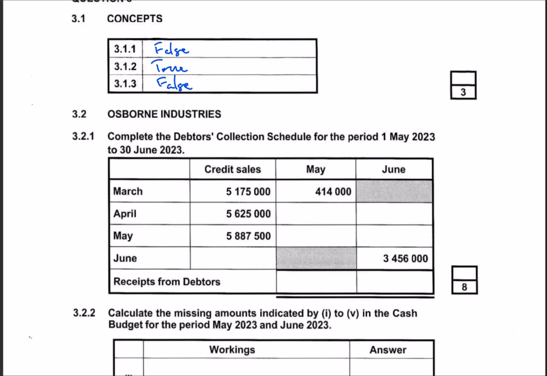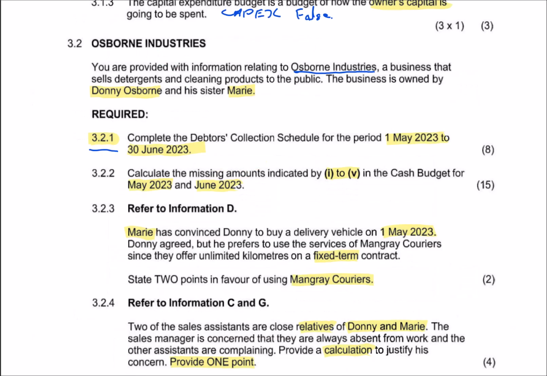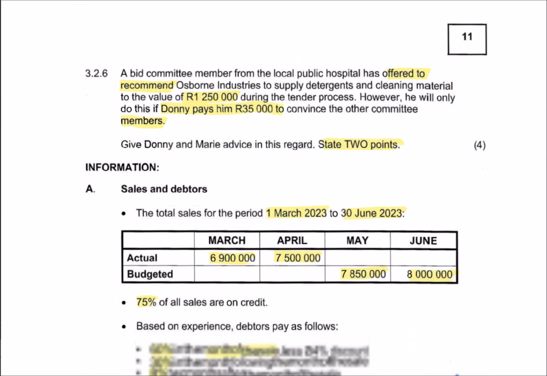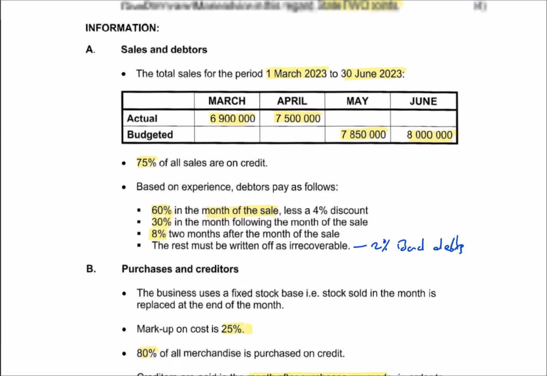Remember, what you need to focus on here is you're given credit sales, so you don't have to calculate. Some questions you need to calculate credit sales on your own, then from there deduce the different amounts that are going to be received in different months. This is according to information B, I think information A.